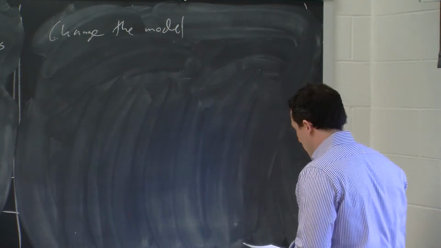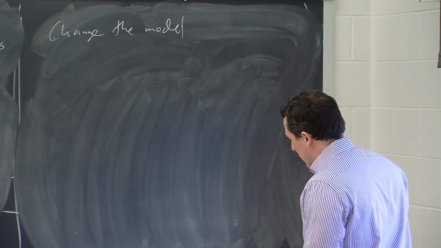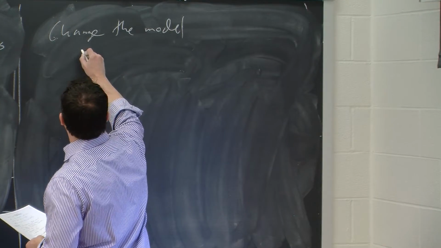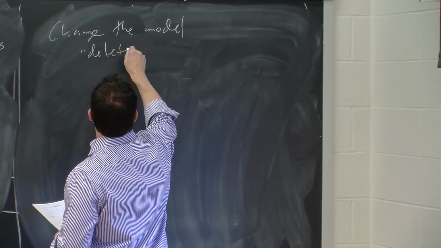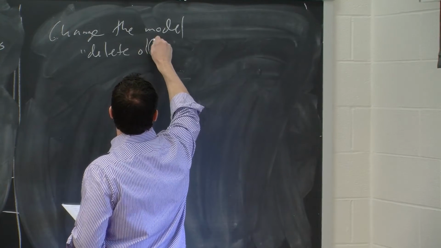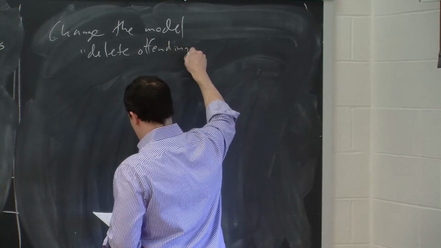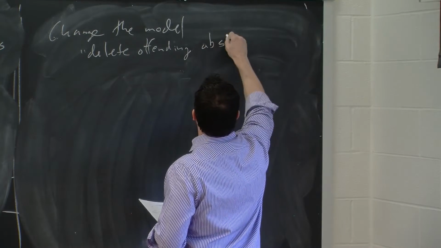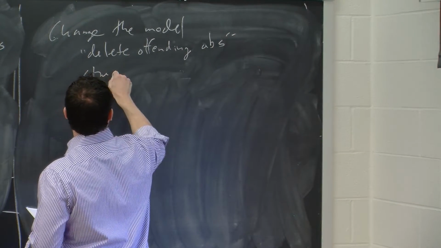Of course, this is also a big area of research, so let me just say a few things. So one thing we can do is delete the offending observations and treat them as structural zeros.